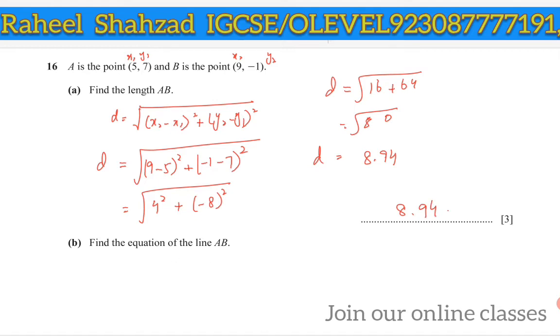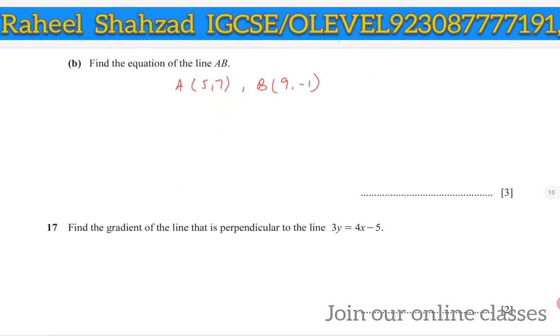Find the equation of the line AB. Now we have point A as (5, 7) and point B as (9, -1). In order to find the equation of a straight line, we need the gradient. So the slope is equal to (y2 minus y1) upon (x2 minus x1), that is equal to -8 divided by 4, that is equal to -2.